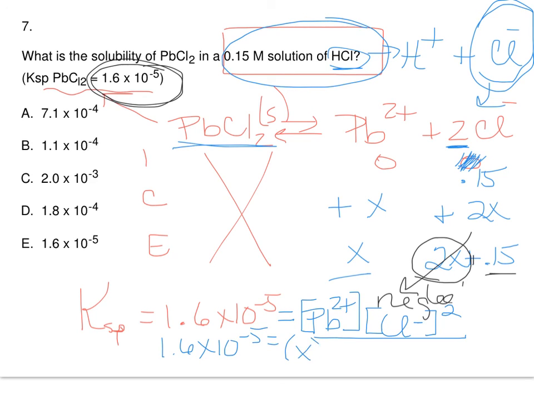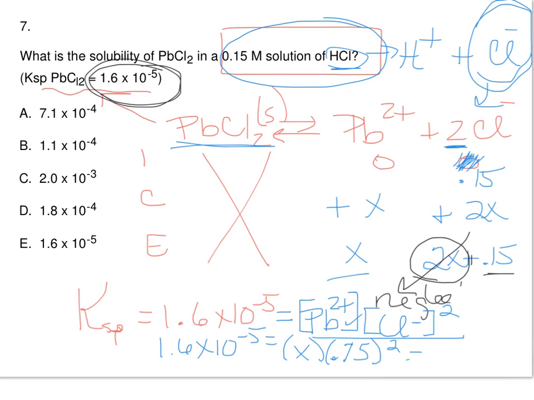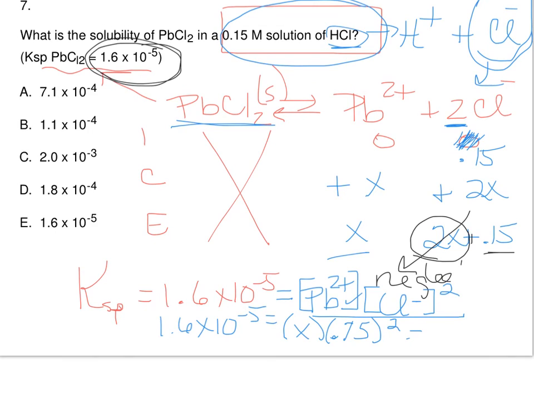Okay, so we have x for the concentration of lead ion and 0.15 squared for the chloride concentration. 0.15 squared equals 0.0225, so 0.0225x.